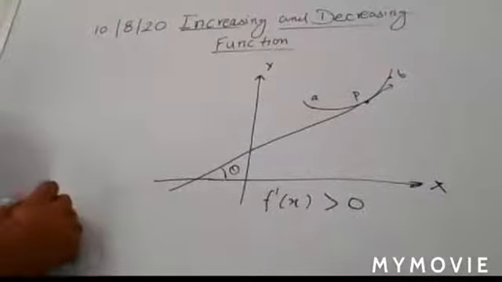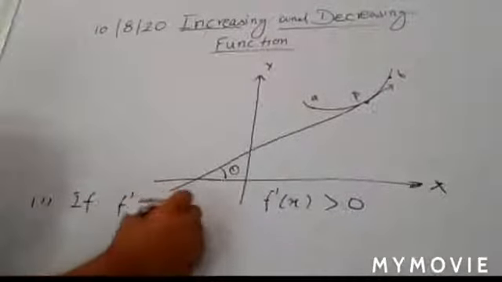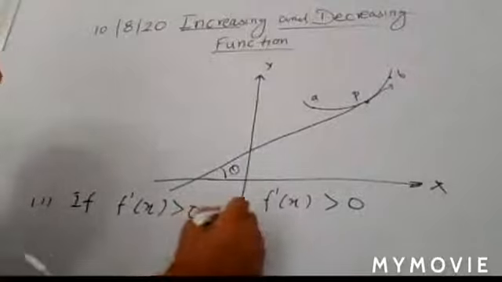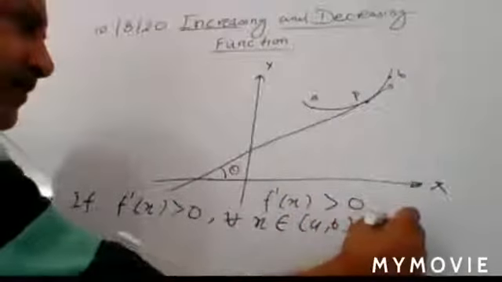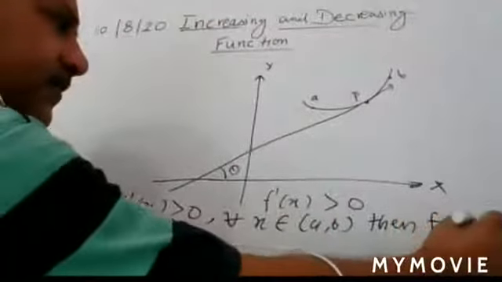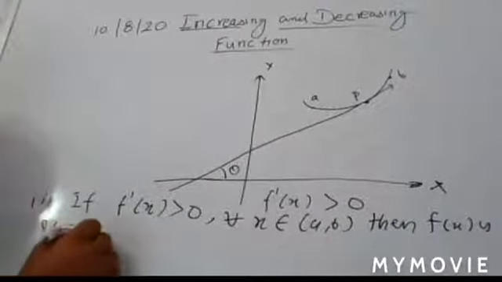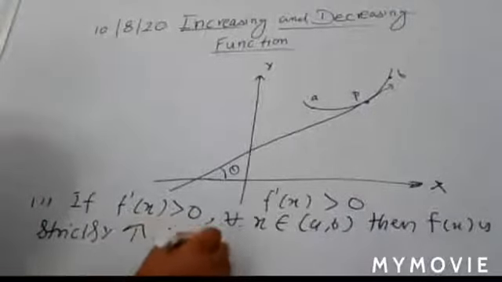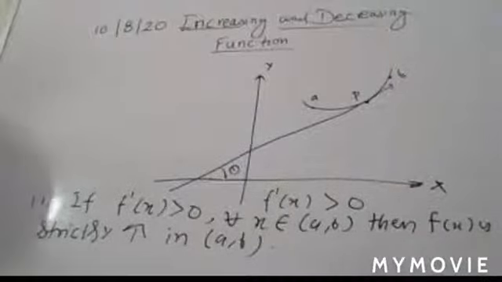In the first point you can write, if f dash x greater than 0 for all x belongs to AB, then fx is strictly increasing in AB.